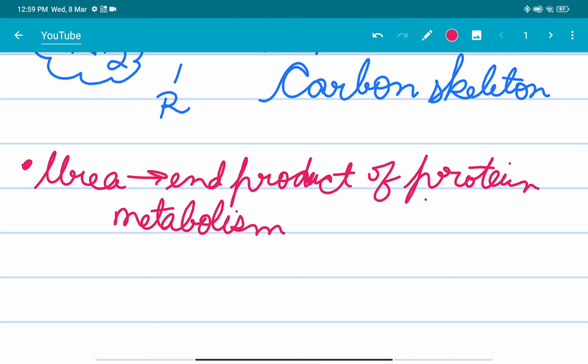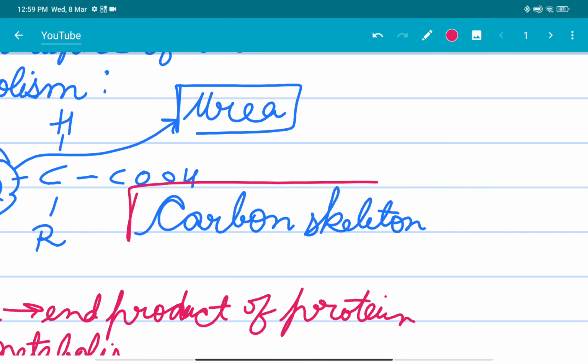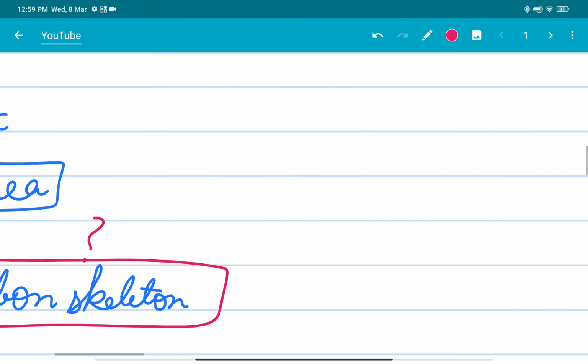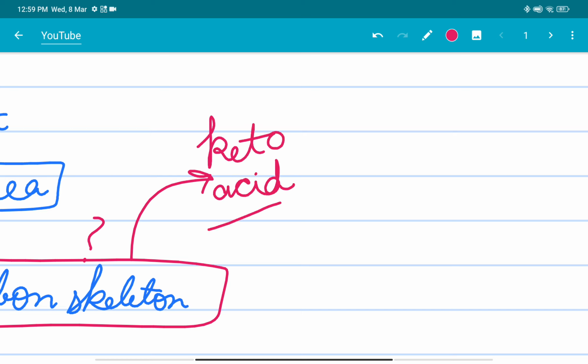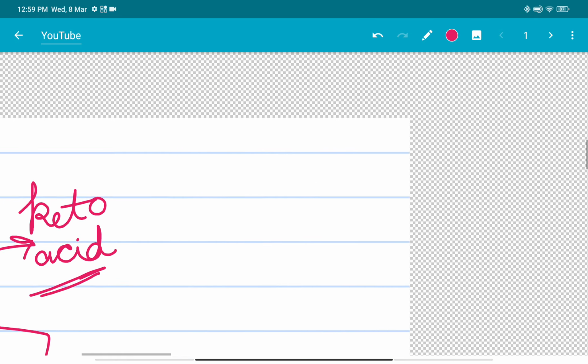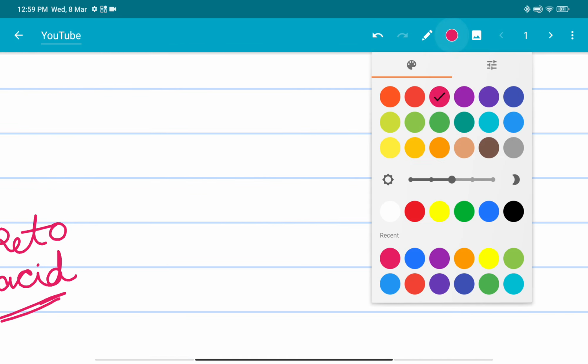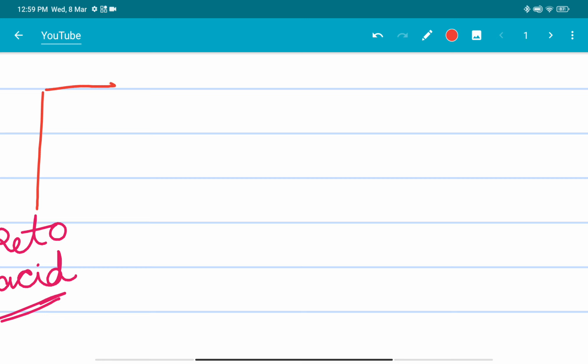Now the question arises, what happens to this carbon skeleton? This carbon skeleton gets converted into the keto acid. The keto acid which is formed has various functions to perform. One function is the production of energy.